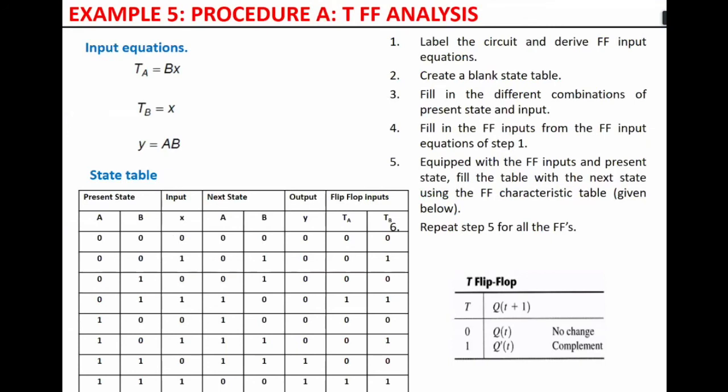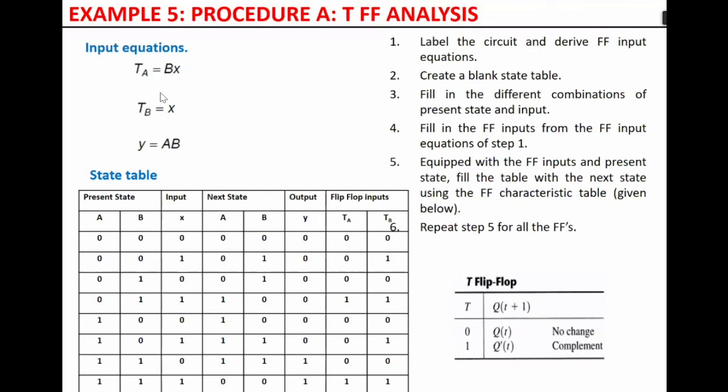Do you want me to explain the characteristic equation? We are using 2 methods. Do you want me to use the table or the characteristic equation? Okay, you are saying table.